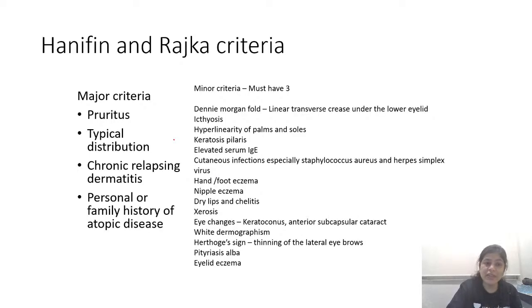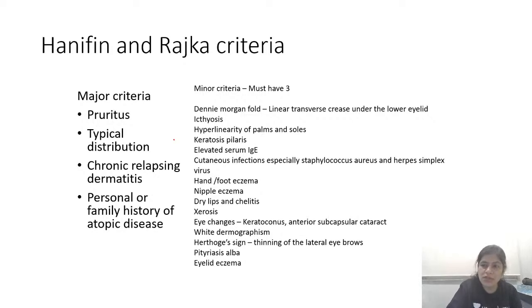Now, a very, very, very important fact is that when you have to diagnose atopic dermatitis, you cannot use any blood test. There is no blood test to diagnose atopic dermatitis. Please remember, serum IgE is not diagnostic of atopic dermatitis.